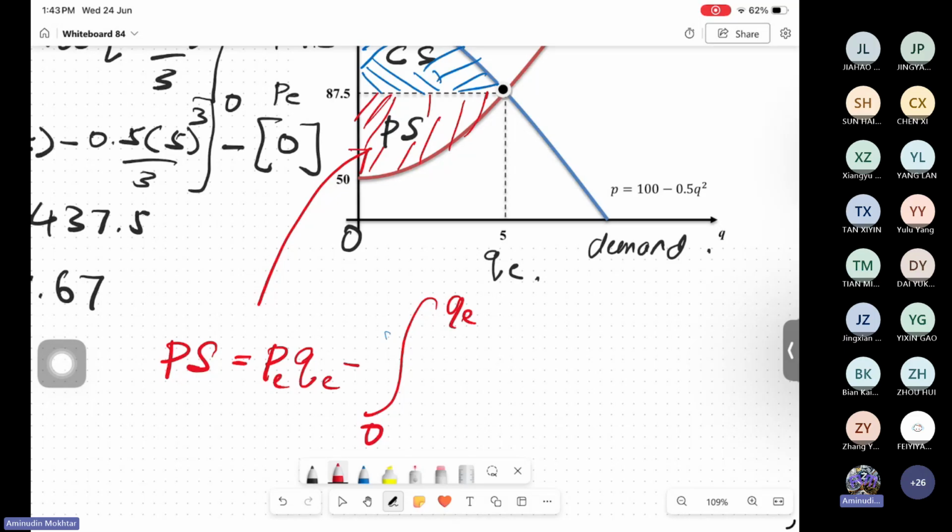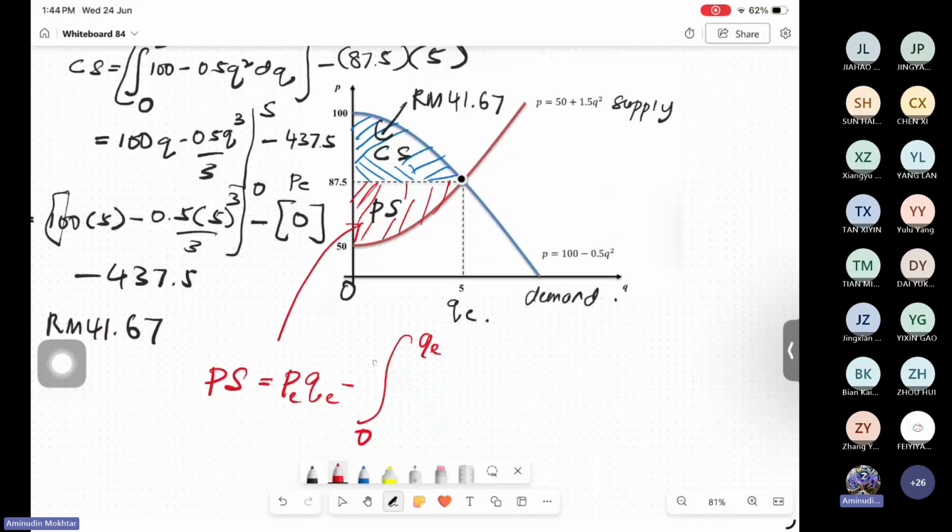for the supply curve. What is the formula for the supply curve? The supply curve is S(Q) dQ. That is the general formula for the supply curve.